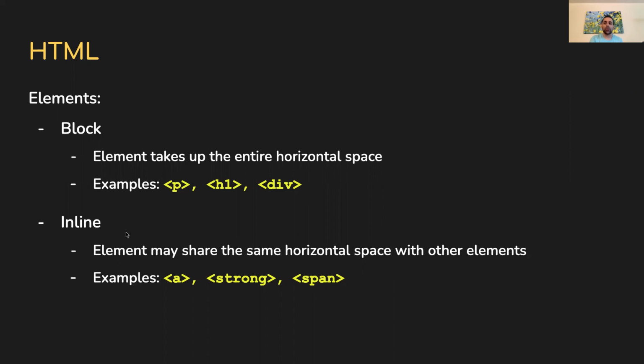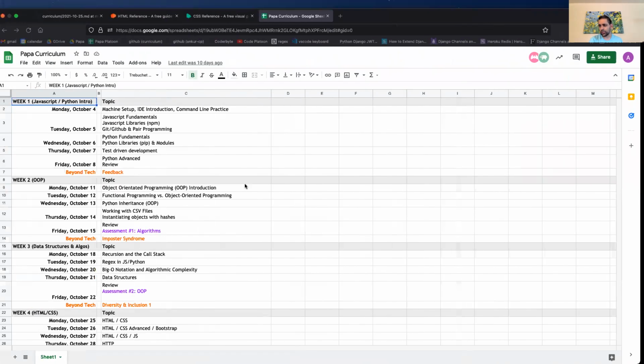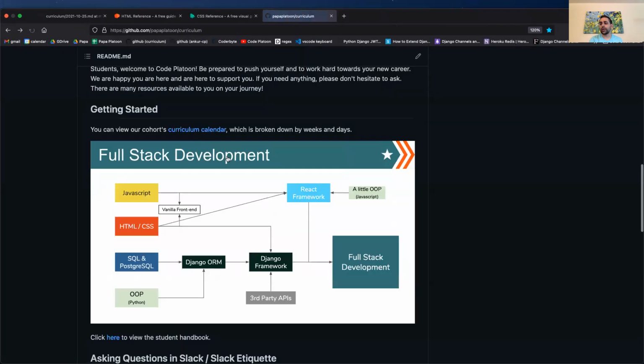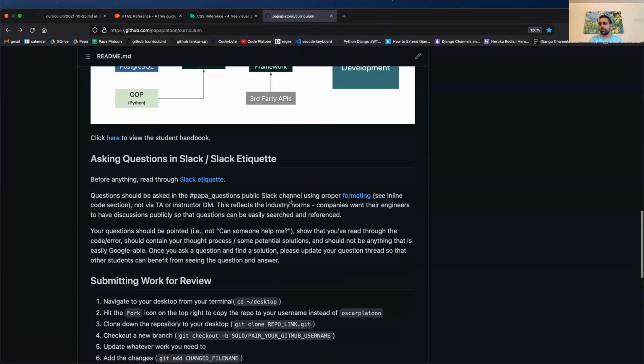The opposite of that are inline elements. Elements may share the same horizontal space with other inline elements. For example, anchor tags, you could have multiple links on the same line. I'm not sure if our curriculum page has that, but I'm sure you have seen multiple. I could have a link here, which I do, and this could be another link also. They can share the same line. Again, this is a paragraph.